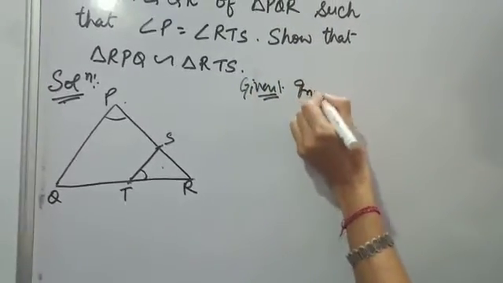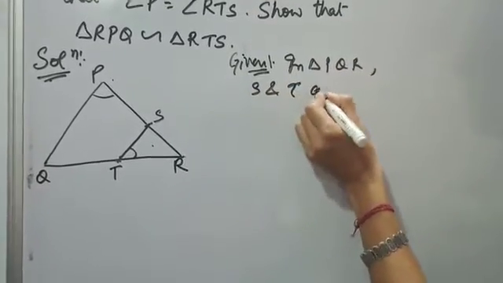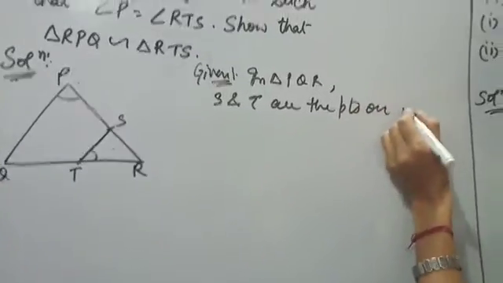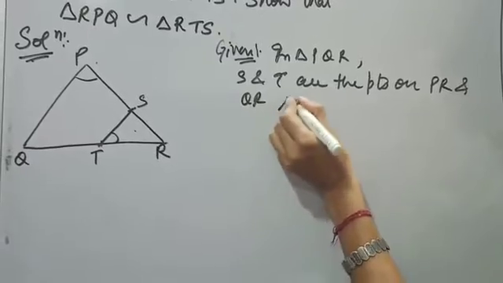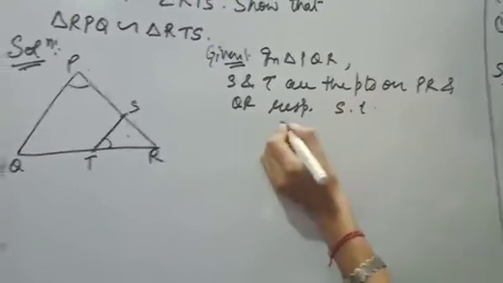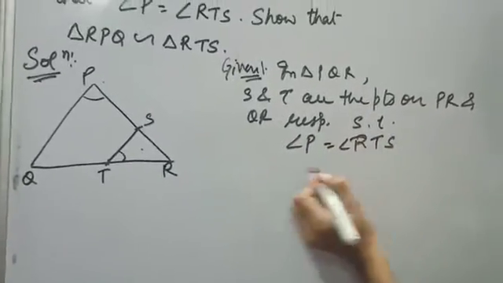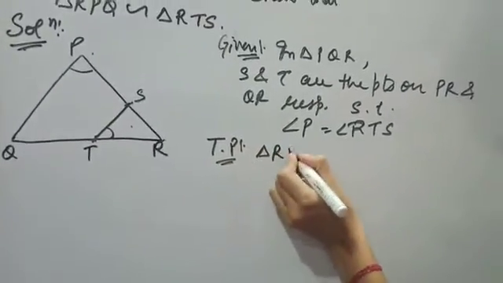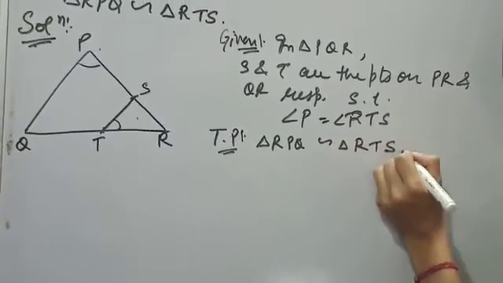In triangle PQR, S and T are the points on PR and QR respectively. The condition is angle P is equal to angle RTS. Then to prove: triangle RPQ is similar to triangle RTS.